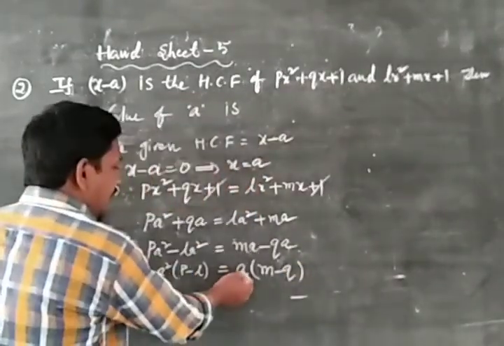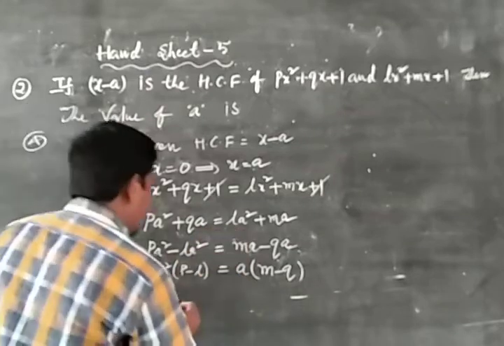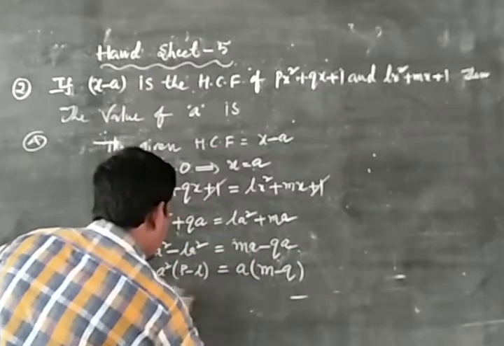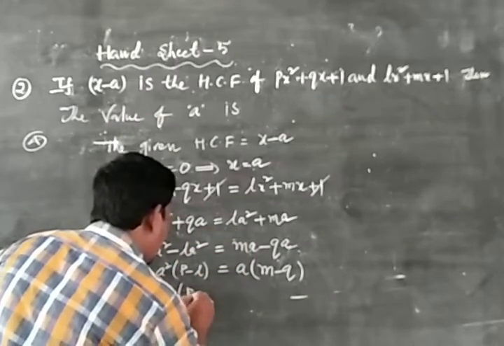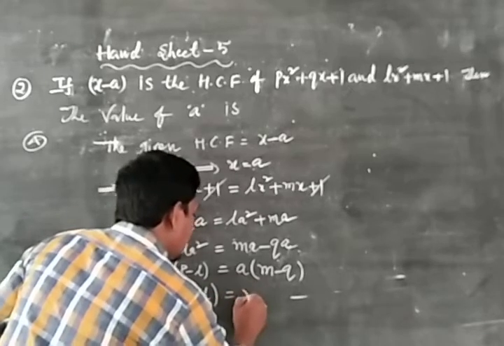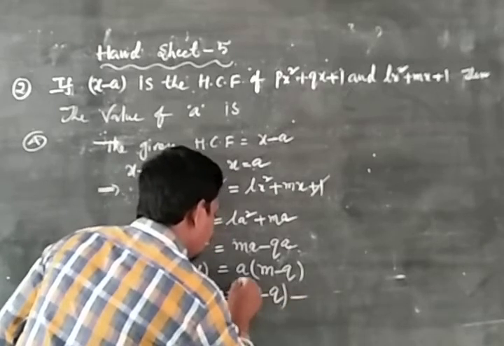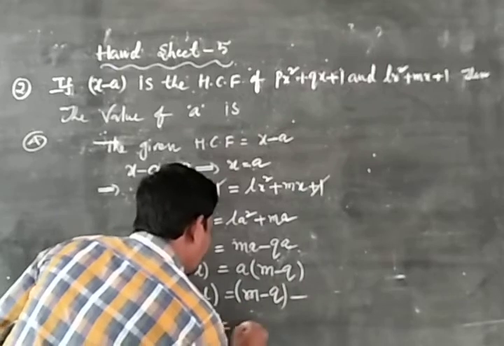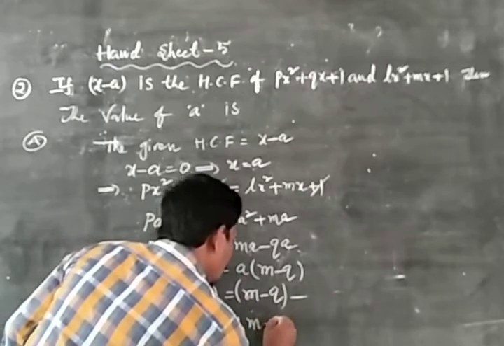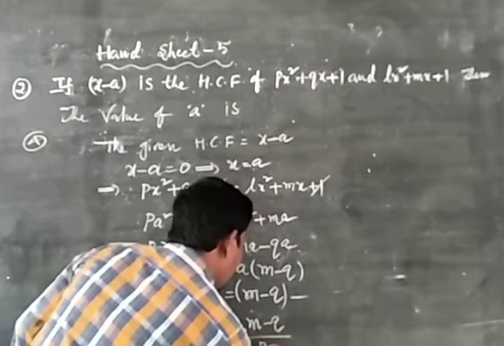Cancel a, then a into p minus l equal to m minus q, so a equals m minus q by p minus l.